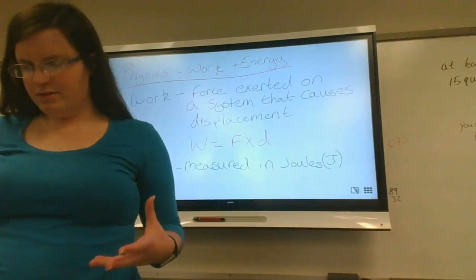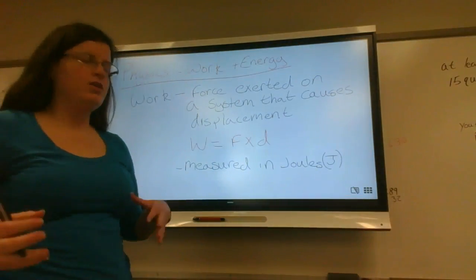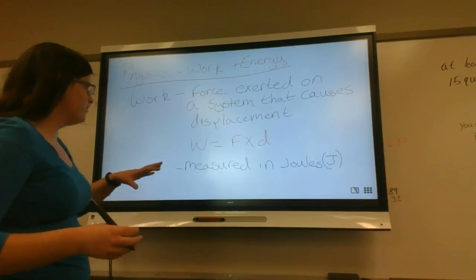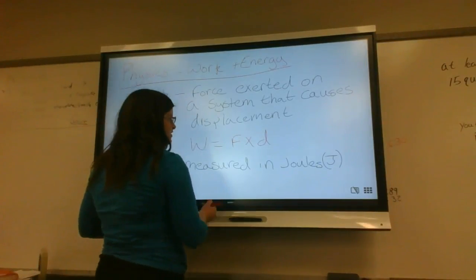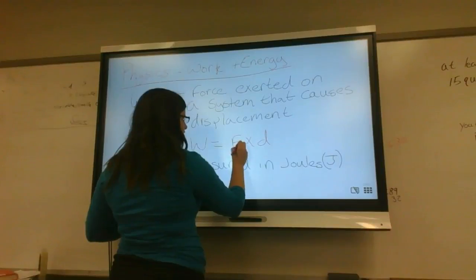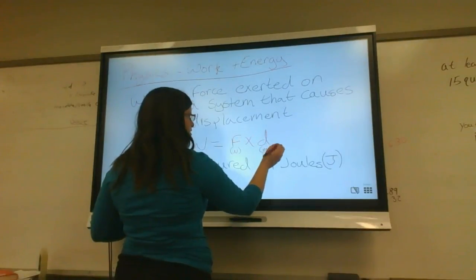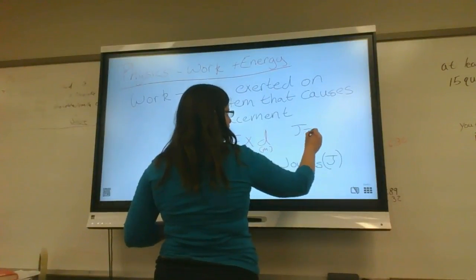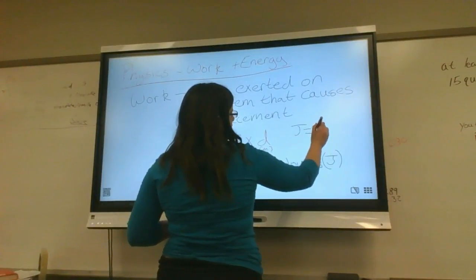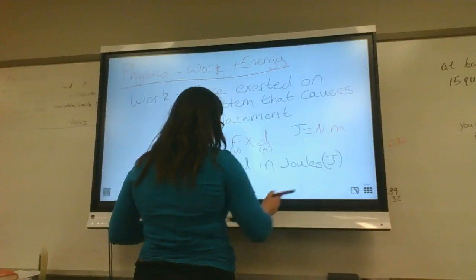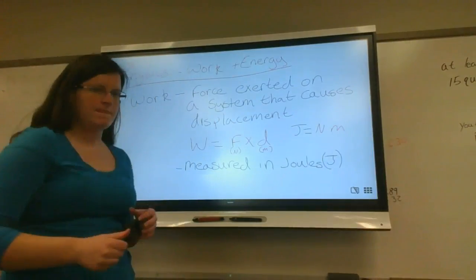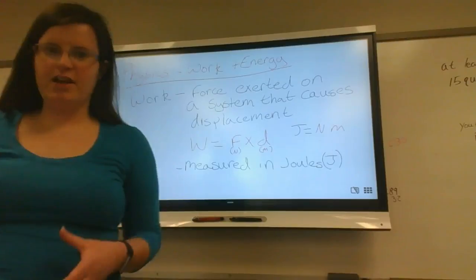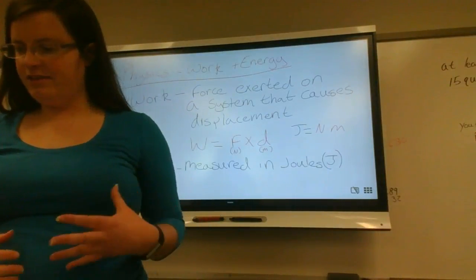One joule is equal to 1 Newton meter. So if you think about it, force is measured in newtons, distance is measured in meters. So the joule equals Newton meters. So it's kind of a logical progression of units.